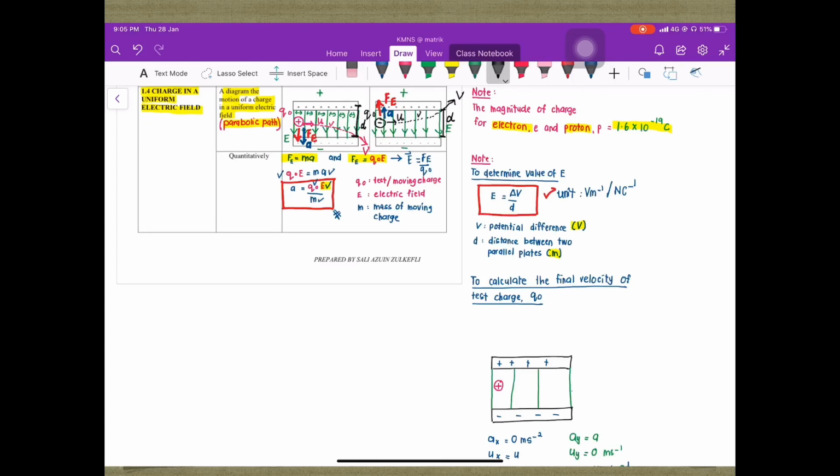Next, we want to discuss the final velocity here. Let's say this is when the proton or positive charge emerges from these two plates, and this one is when the electron, or negative charge, emerges from the two plates. Now, we want to discuss how to calculate this final velocity.